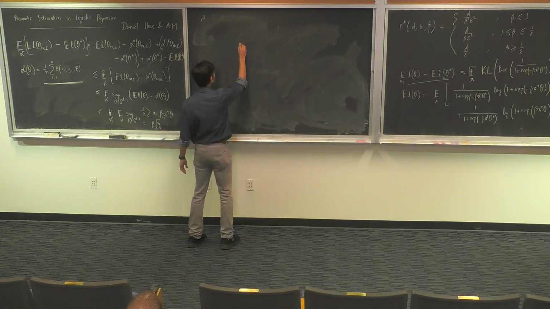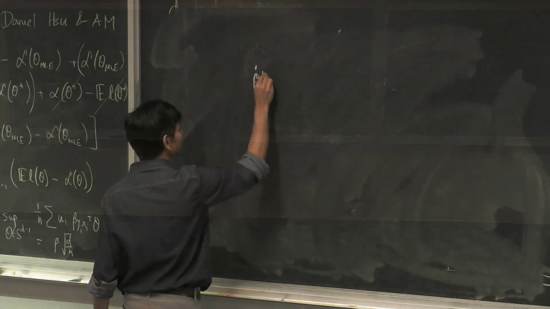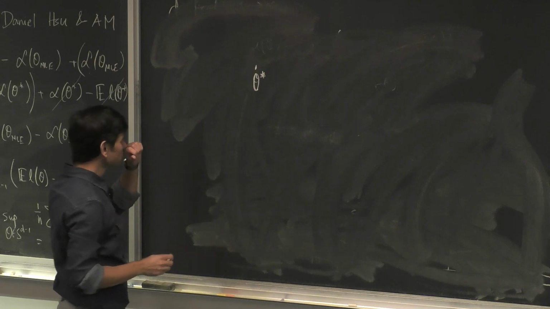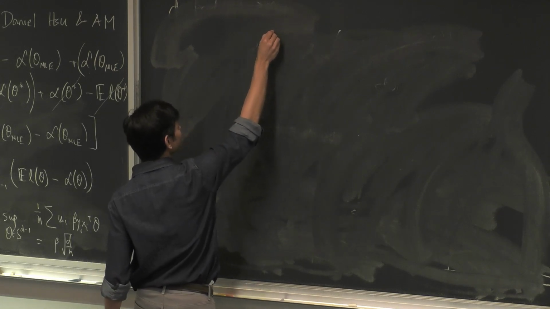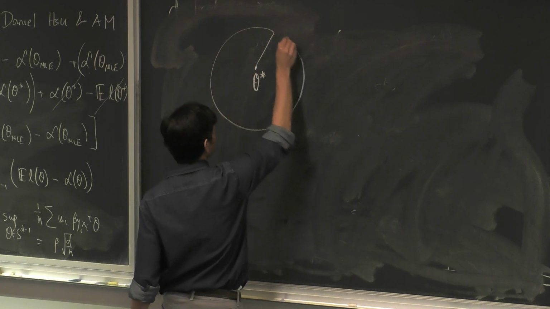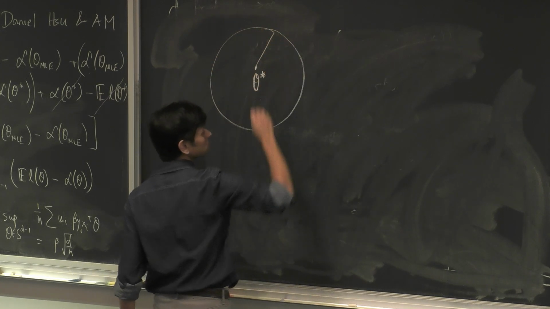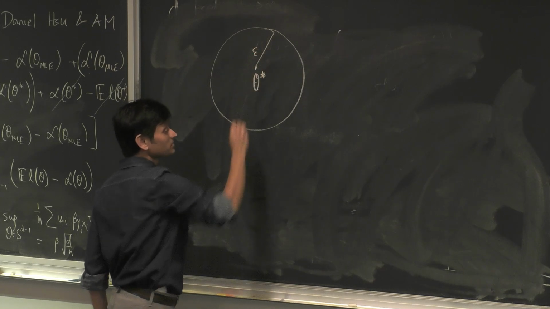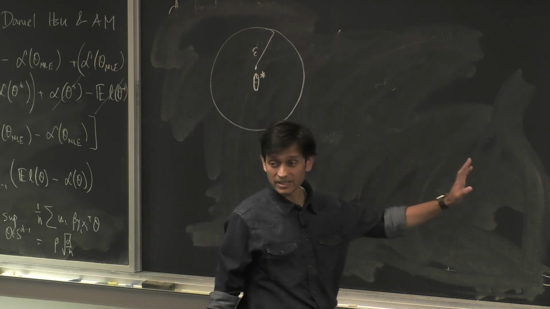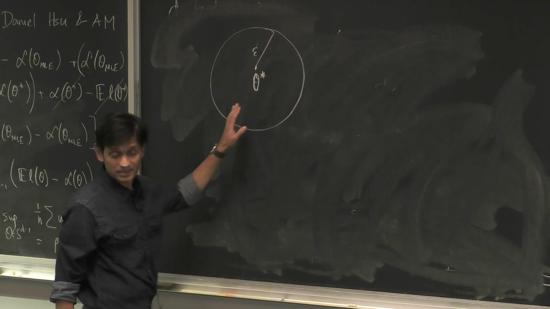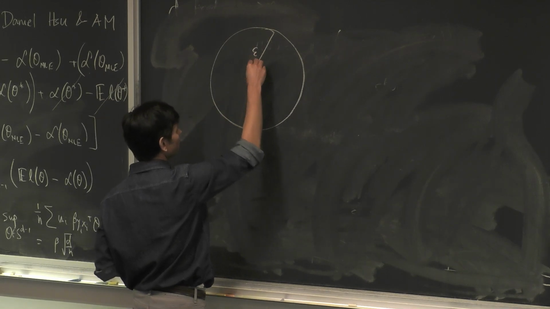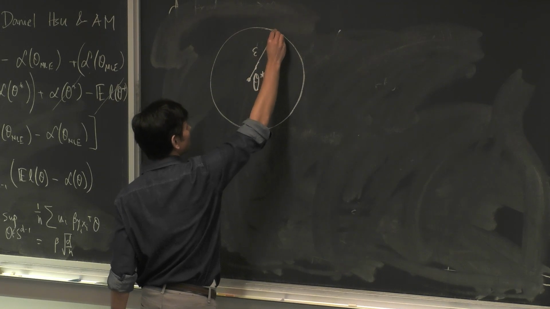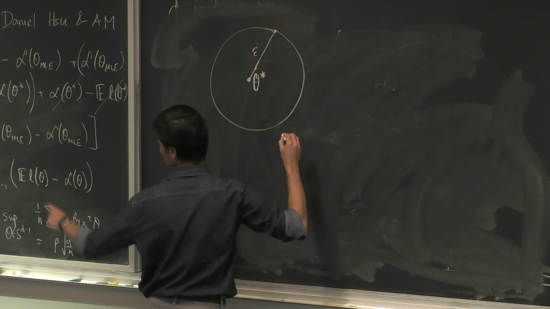So suppose I have my theta star over here. If I can take an epsilon radius ball around theta star, forget about the constrained version, in the unconstrained version, and evaluate the gradient of this L function.